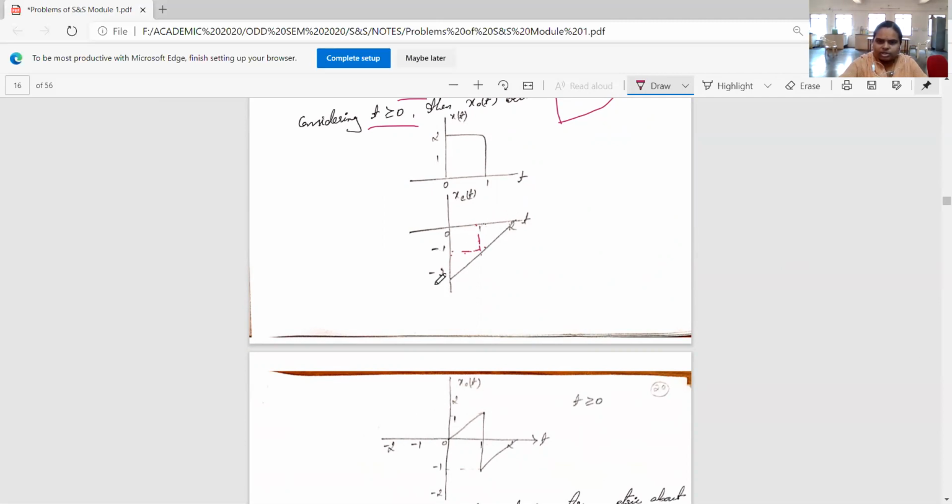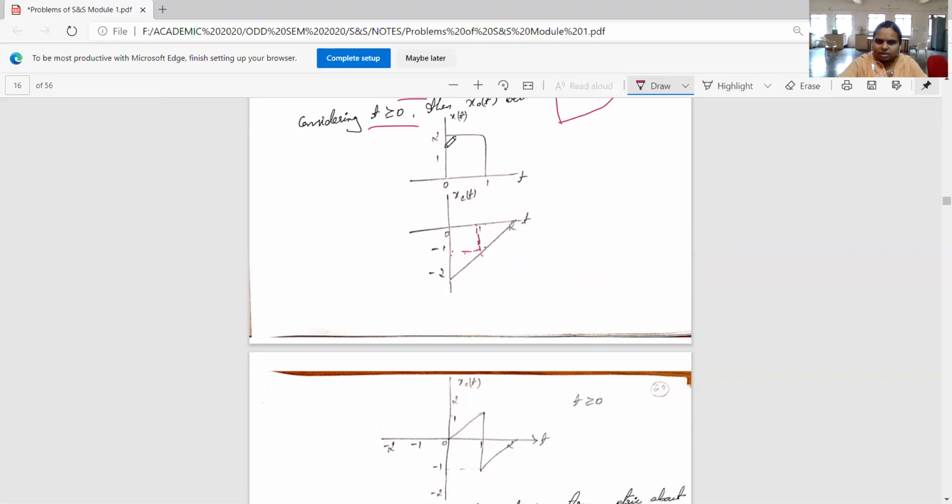Here the amplitude is changing from minus 2 to minus 1. Observe here at 1, the amplitude is changing from minus 1 to minus 1. It is rising and it's going to reach minus 1. For that reason, here it is a positive value 2 and here is the negative value.